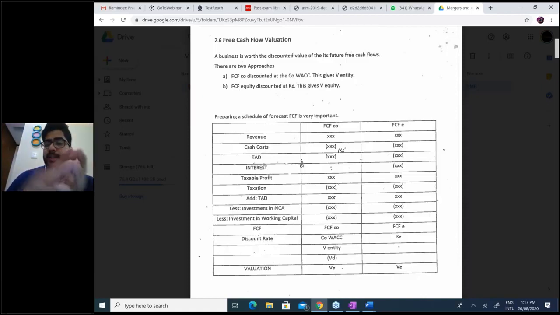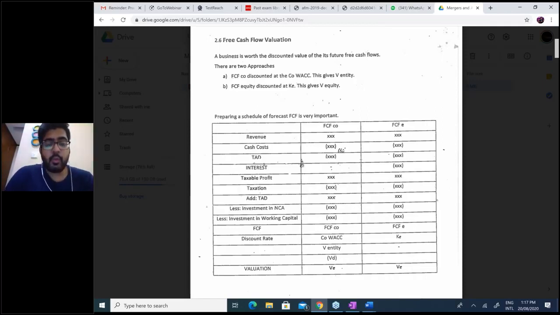Like you might have studied dividend valuation model, which is an easy model, not going to cover here in this webinar. Dividend valuation model believes the value of the business is worth the future dividends. The net assets valuation method believes that the value of business is worth the net assets. So free cash flow method believes the value of the business is worth the discounted value of its future free cash flows. But always remember, there are two approaches.